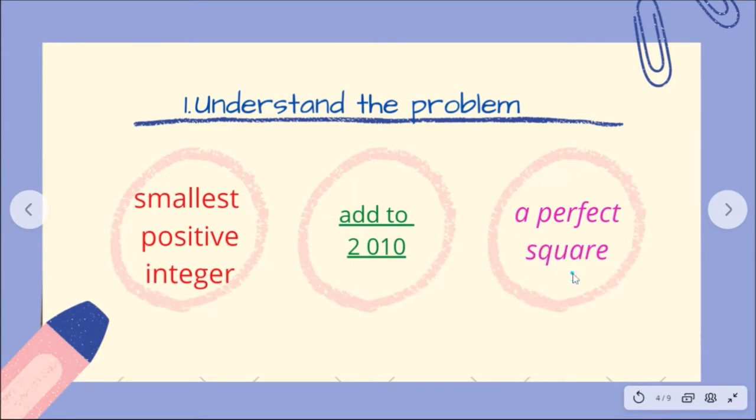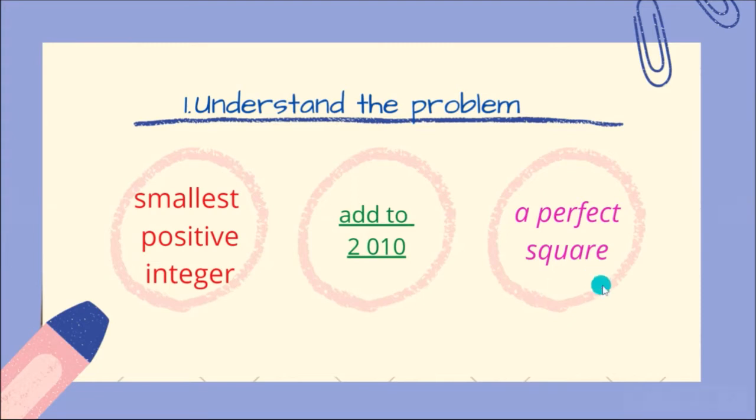A square number is the answer to a multiplication sum where you've got a number times by itself that will give you a square. So for example, the number 4 is a perfect square because 2 times 2 would equal 4. The number 25 is a perfect square because 5 times 5 is equal to 25.